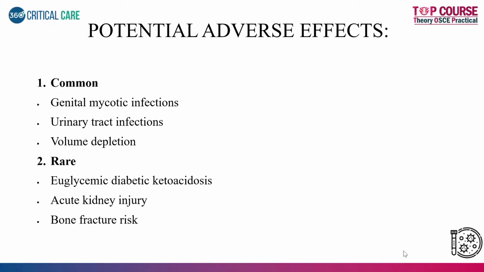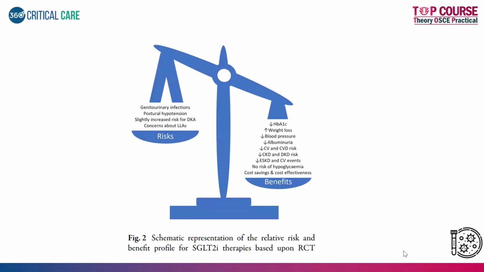Okay, it is also known to cause acute kidney injury because of volume depletion, and rarely it is also known to cause bone disease. Having said this, we saw the advantages, and we also saw the disadvantages. The major thing we need to understand, based on multiple RCTs, is that the benefits outweigh the risk.